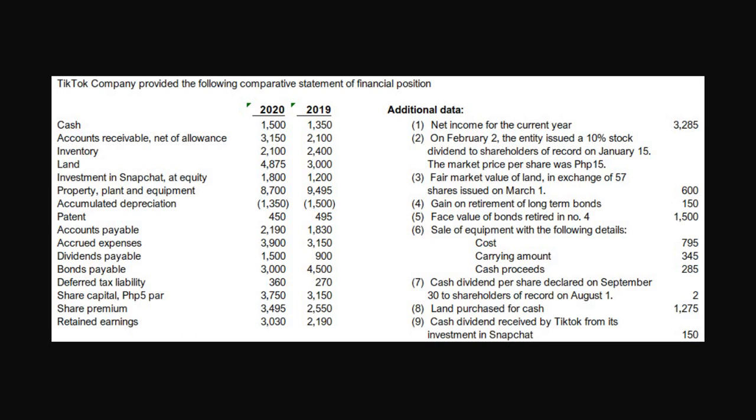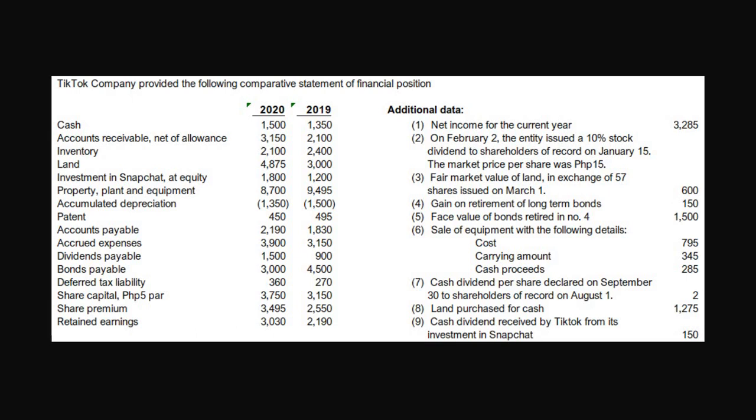Which means when we prepare the statement of cash flows, we will only rely on the statement of financial position and the additional data. Based on this available information, we can only prepare the statement of cash flow presented under the indirect method.